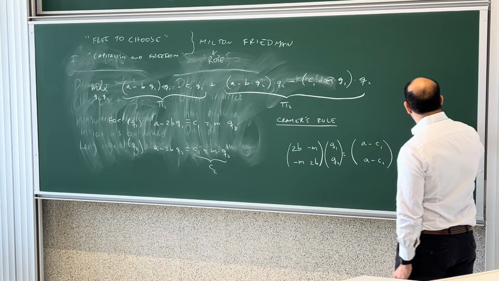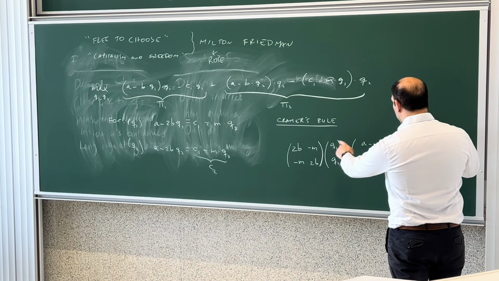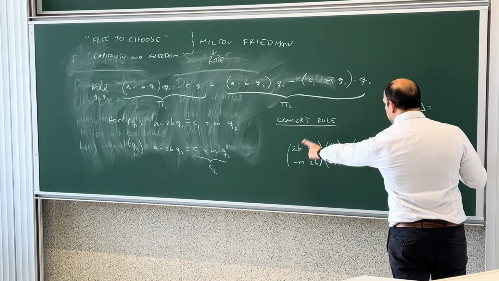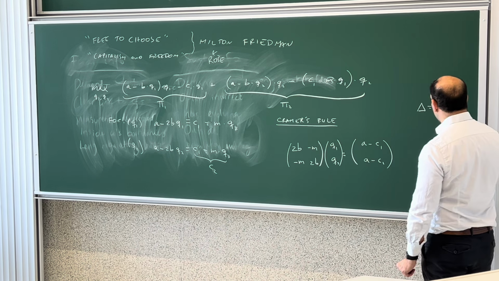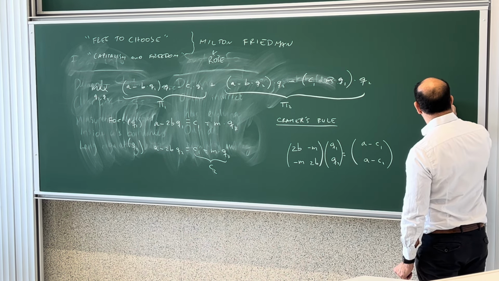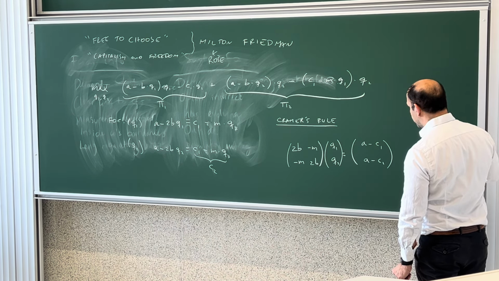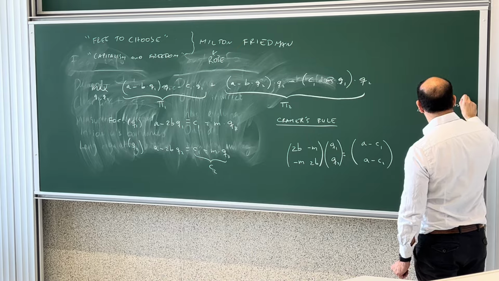And then we have the delta, which is the determinant of the main matrix, of A. And so that's going to be 4B squared minus M squared.